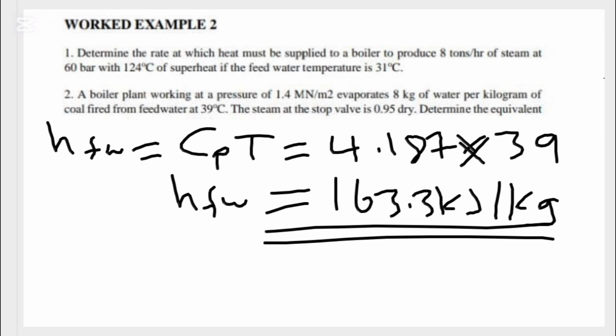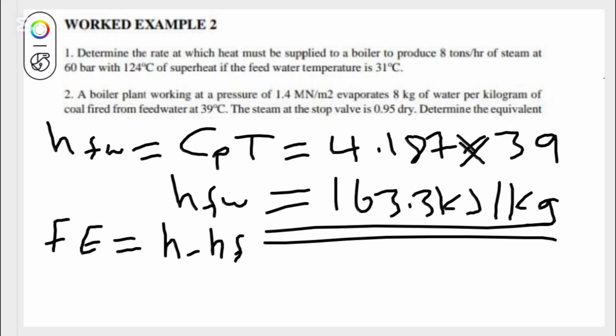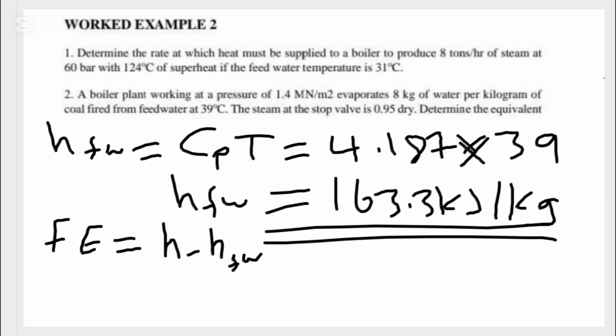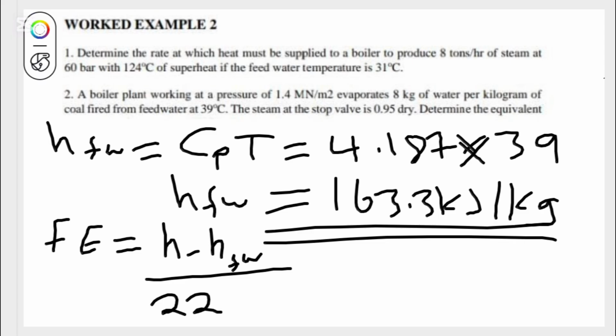So the next thing is the factor of evaporation, which is the Fe, because from the beginning I said something called Fe, which is h minus h_fw divided by 2257.